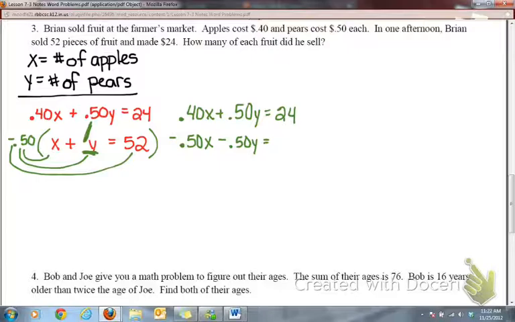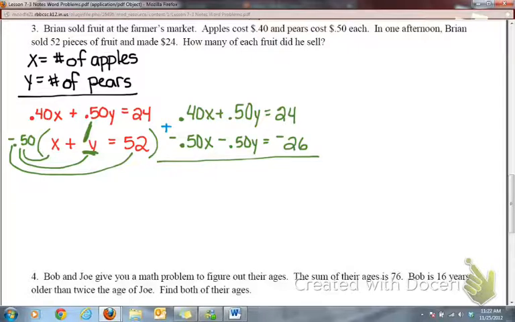Really, 50 cents is half, so it's basically half of 52, which would be negative 26. Double check on my calculator just to make sure. Negative 50 cents times 52 equals negative 26. Good.